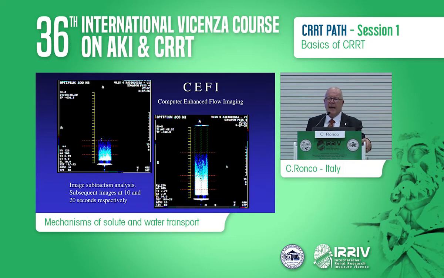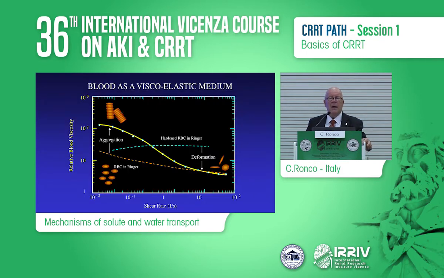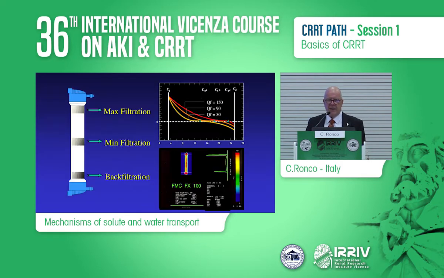In the most recent dialyzers, this has been overcome, especially by studying the fact that blood is a non-Newtonian fluid, and if you treat the blood at high velocity, viscosity decreases, while if the velocity of blood goes very slow, you have the formation of red cell aggregation and the viscosity tends to increase, and then clotting becomes easier.